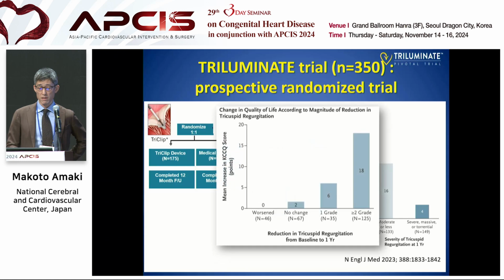And notice that if the patient has no change in TR reduction or worsened, there's not much increase in KCCQ. However, if the patient has a 1 grade or 2 grade reduction, an additional effect can be seen in the improvement in KCCQ. And this is the point where you notice that the 5 grade, the torrential and the massive, is important to have the effect on the KCCQ.